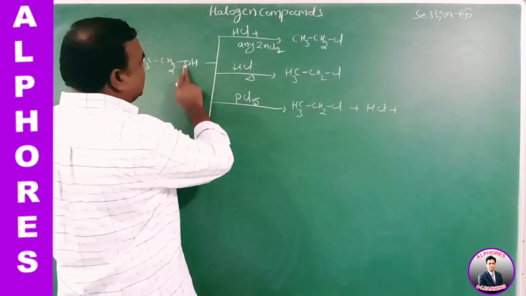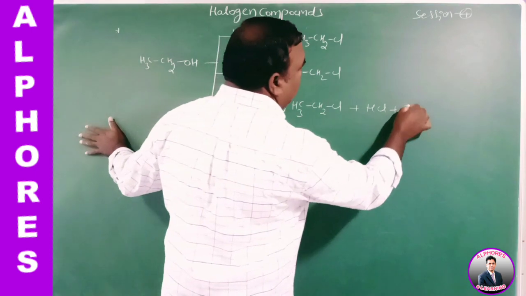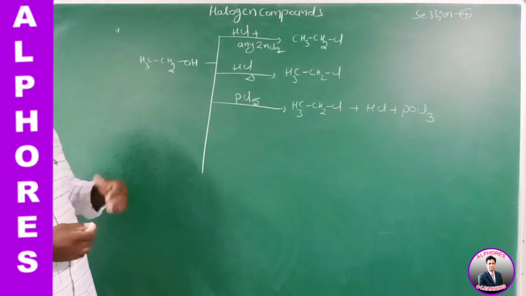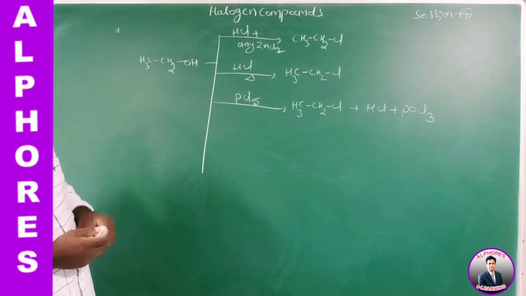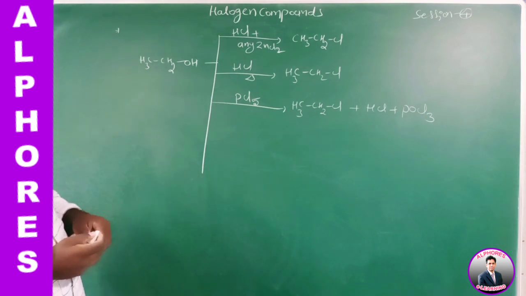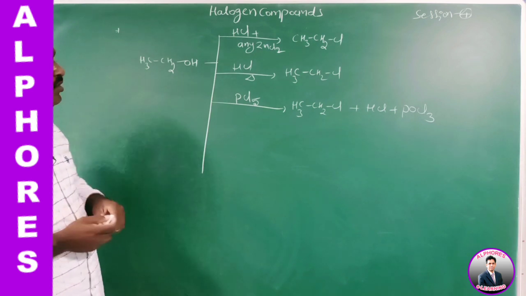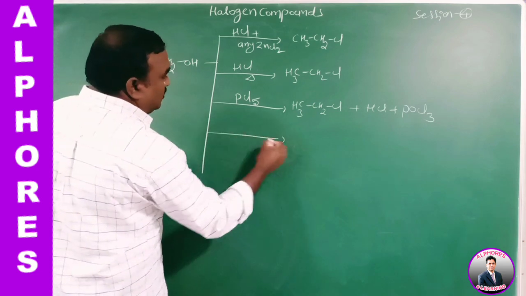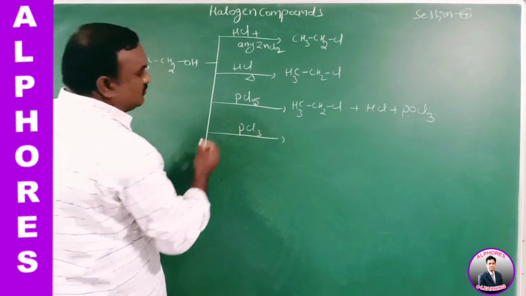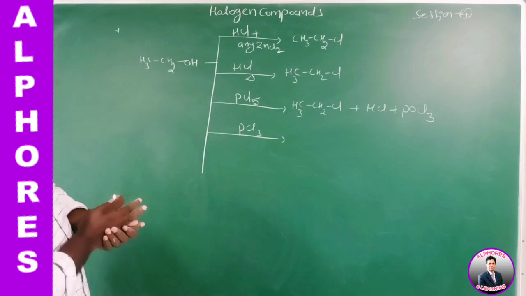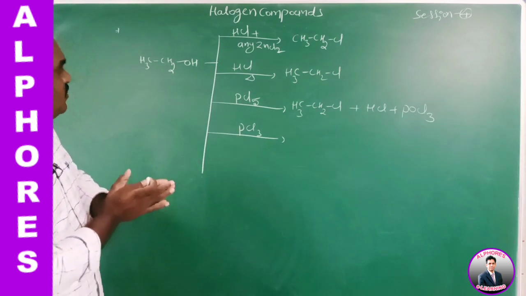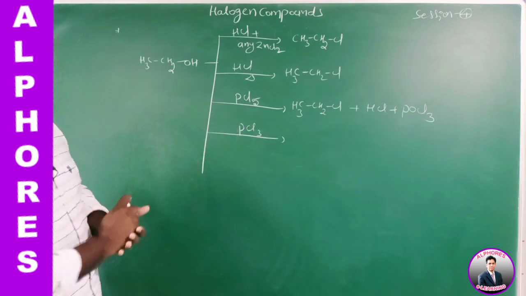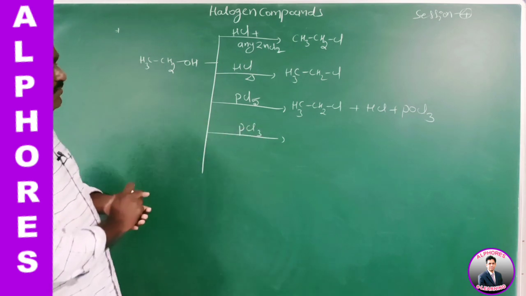Again, the remaining oxygen and PCl3 form POCl3, phosphorus oxytrichloride, which has sp3 hybridization. So, phosphorus pentachloride or PCl3, doesn't matter, form the halogenated product, but the byproducts are different here.